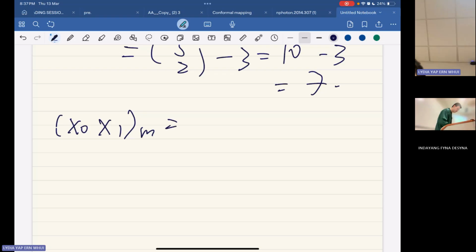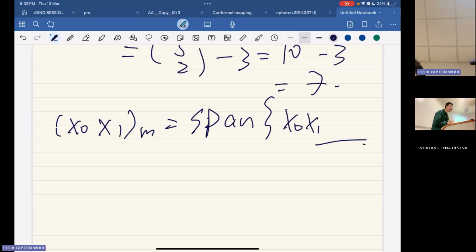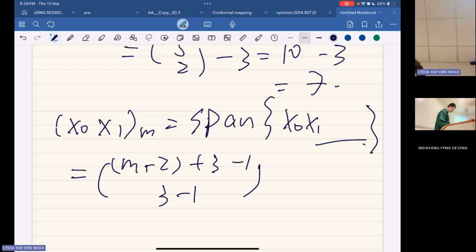So it should be x0, x1 times something, where the something is a monomial with total degree m minus 2, right? I think this is just another put-balls-into-boxes problem, and the answer should be m minus 2 plus 3 minus 1 choose 3 minus 1, right? This is just m choose 2.